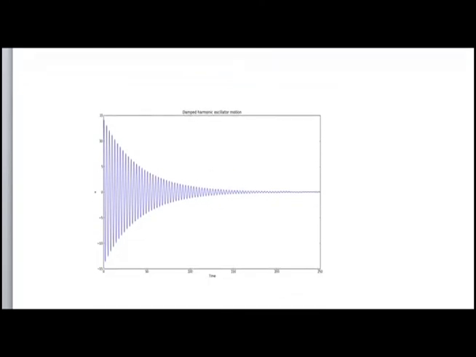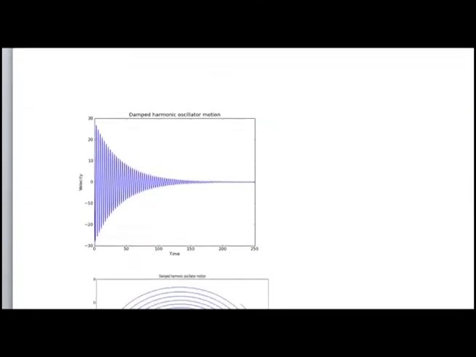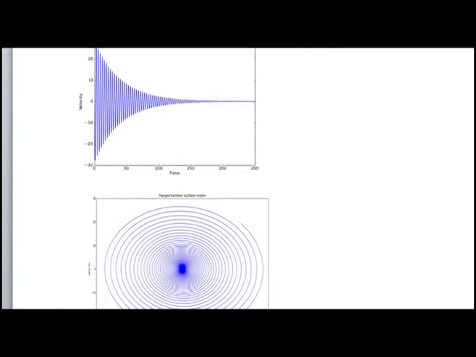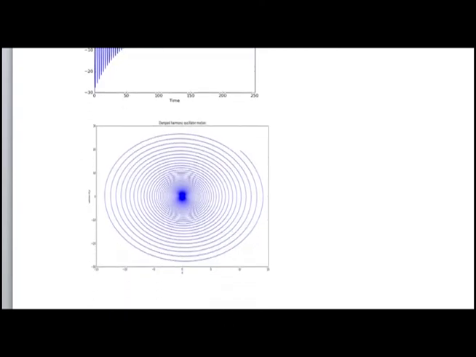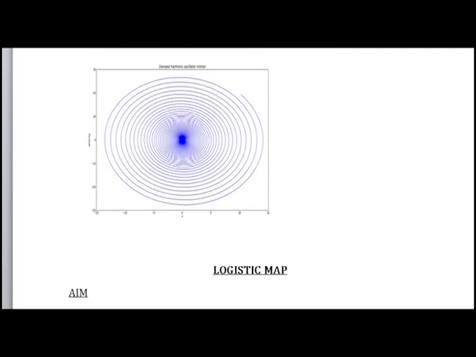It is the position versus time graph, and it will be a cos curve, and it is damping in the sense that velocity comes to 0 after 250 iterations. The circle or ellipse that you obtained in the previous case has turned into a spiral in the case of a damped harmonic oscillator phase space plot.